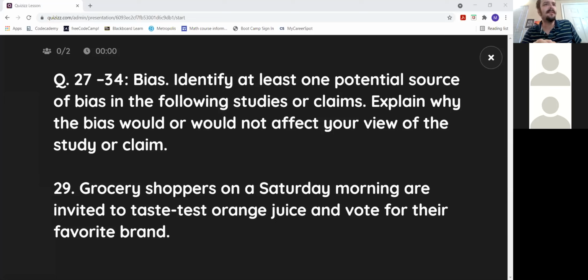Yeah. I was thinking about the bias in the sample, the way that you're selecting it. But if you're talking about, you're only going to get people that want to taste test orange juice, right? Is that what you're saying? Yeah, something like that. Because I would say you're going to get people that want to do this. You're only going to probably get people that like orange juice to sample this.